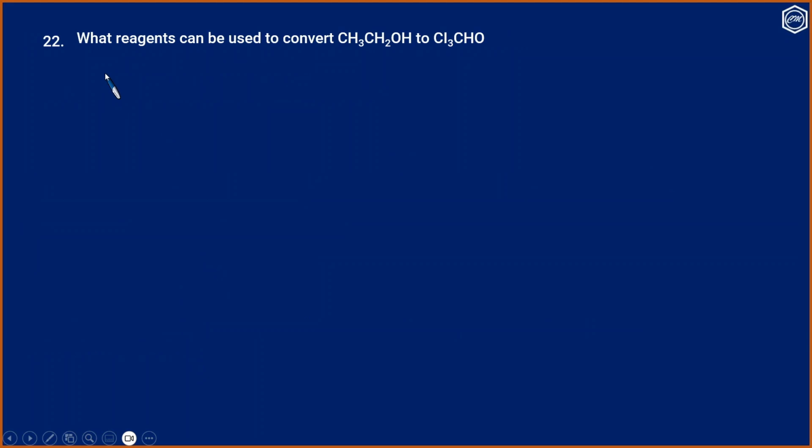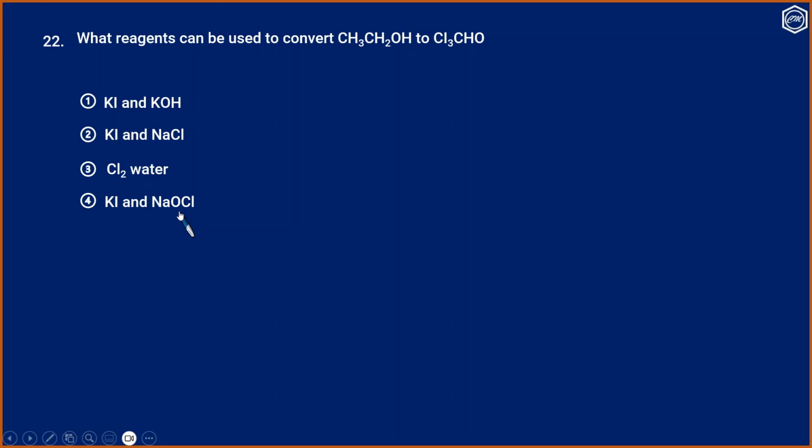Question 22. What reagents can be used to convert ethanol to triiodoacetaldehyde? Option 1, KI and KOH. Option 2, KI and NaCl. Option 3, chlorine water.